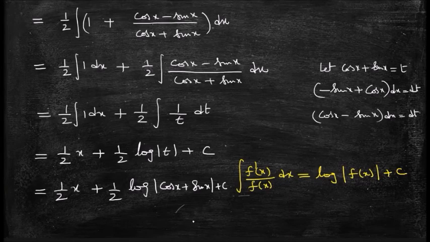Hope you have understood this, right? Now, instead of proceeding with this substitution, taking it as t and all, if you are able to observe the denominator's derivative is the numerator, then you can straight away write its log form. Hope you have understood what I am saying, right?